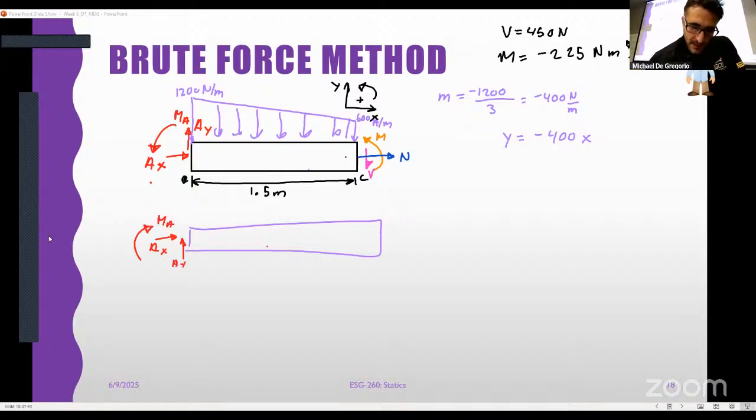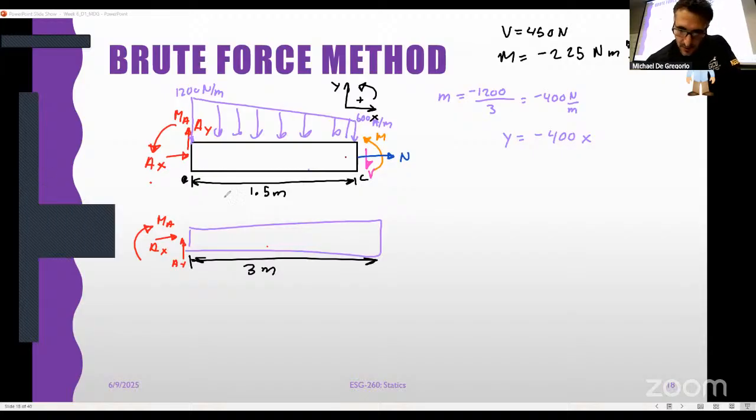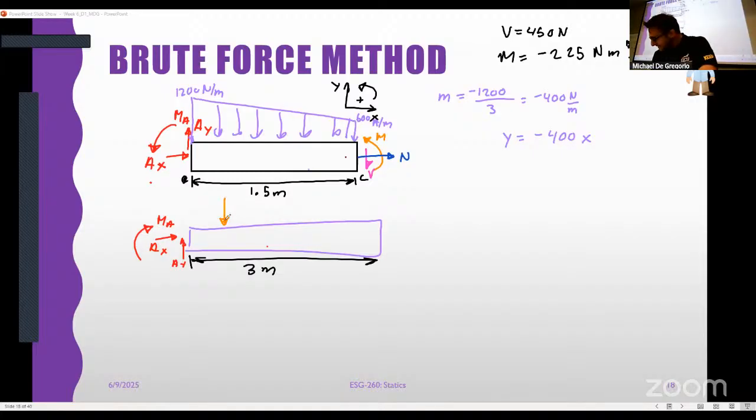I know the entirety of the beam is 3 meters, and I know that I have some distributed loading, which I'm just going to draw as a point force that is 1200 times 1.5. So 1200 times 1.5, what's that? 1800. And this is 1 meter away.